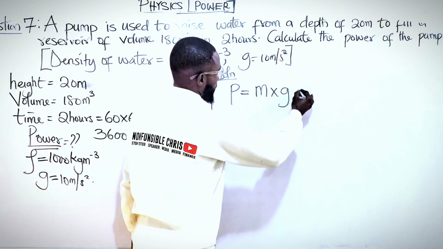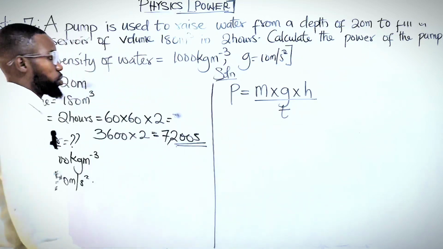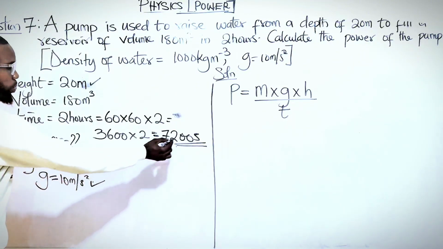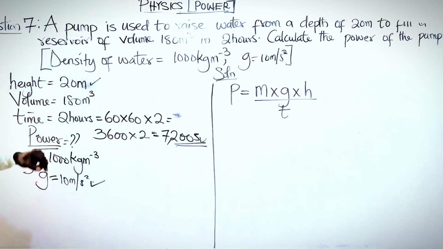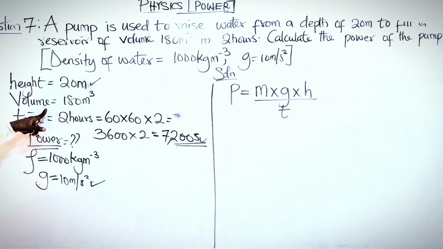Naturally, we know that power is mass times gravity times height over the time taken, right? We're given a height of 20 meters, g was given, and time was given. But we don't have our mass. They gave us volume, though.